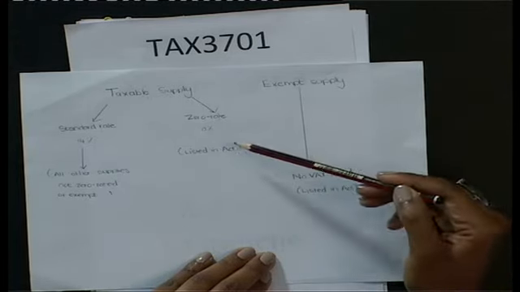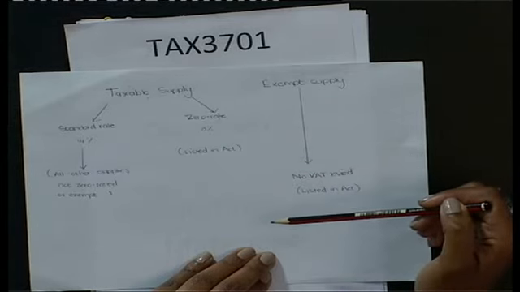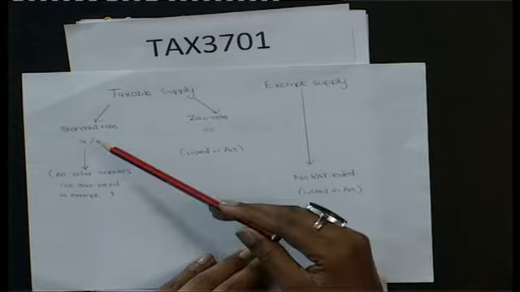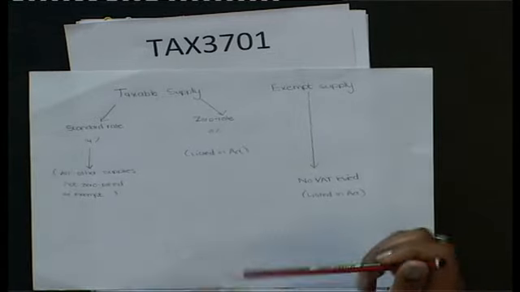Any other supply that does not fall under each of these categories will be by default taxed at a standard rate of 14%. Also, it is very important to note the time of supply to ensure that it falls within the VAT period. Without wasting any further time, let's read our required.